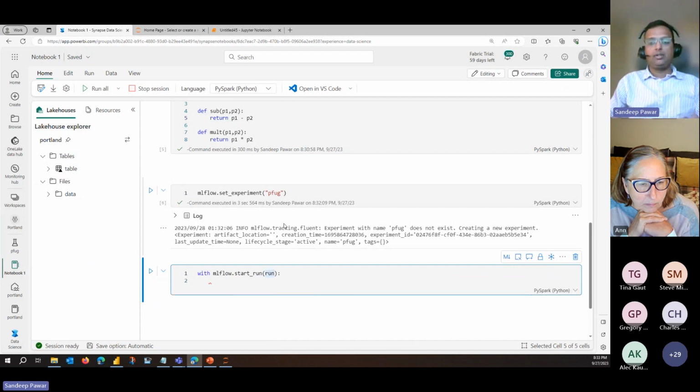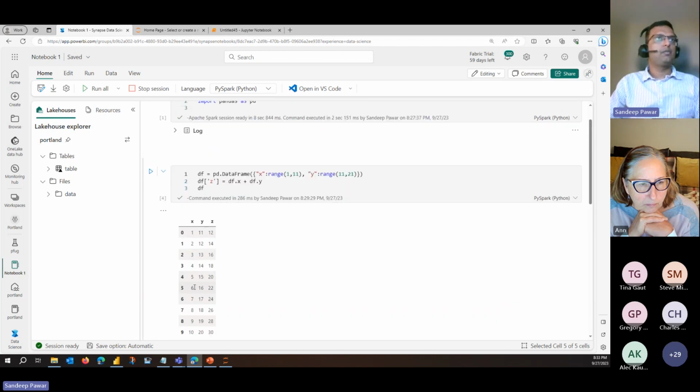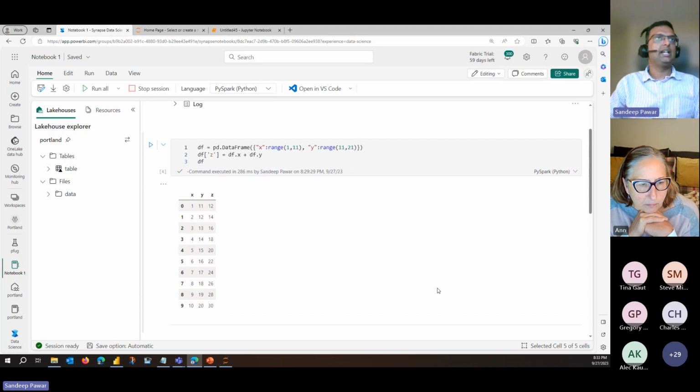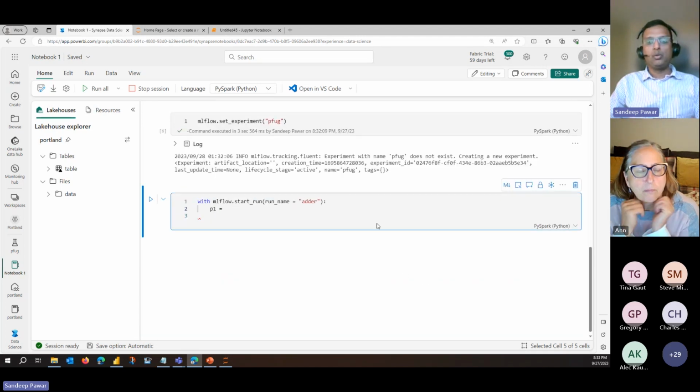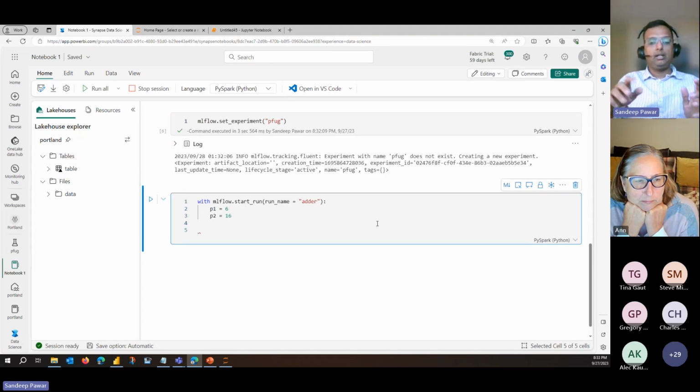I think it is run_name is equal to, let's say my first one is an adder. And then P1 is my first value. So I'll just take, let's say, 6, 16, and 12, right? My P1 value is 6, my P2 value is 16, and the result, the Z value, we will calculate.